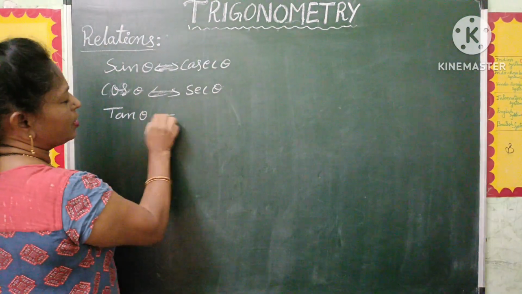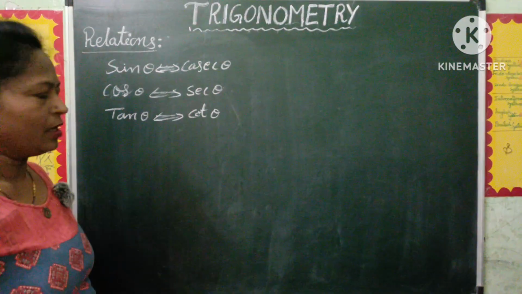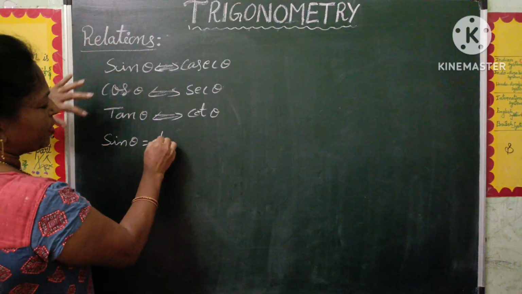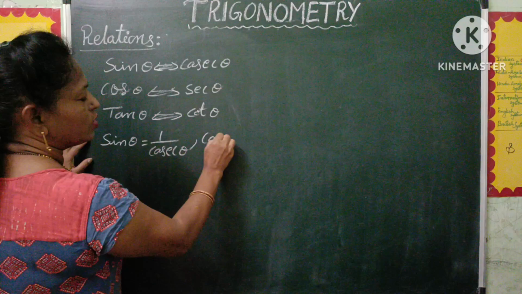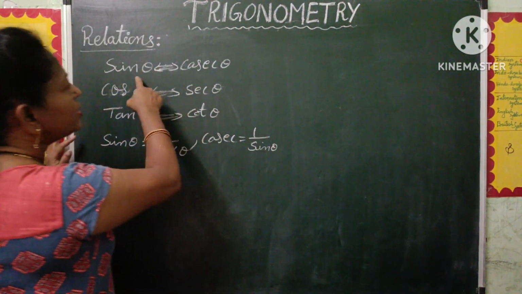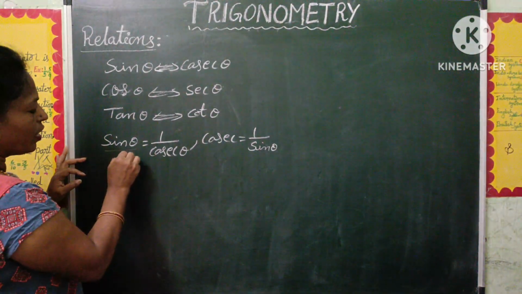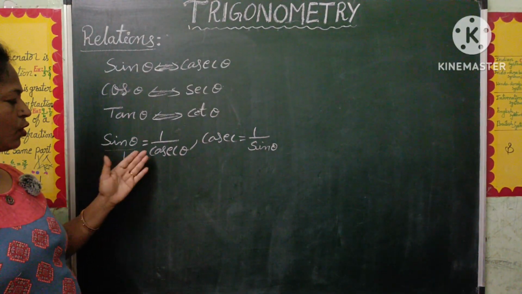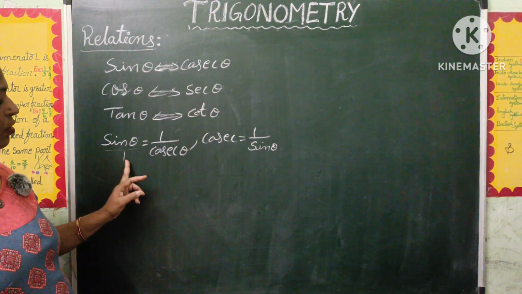Tan theta and cot theta are reciprocal to each other. That means sin theta equals 1 by cosecant theta, and cosecant theta equals 1 by sin theta. These two are reciprocal to each other. Also, sin theta equals 1 by cosecant; cross multiplying, sin theta into cosecant theta equals 1 into 1.